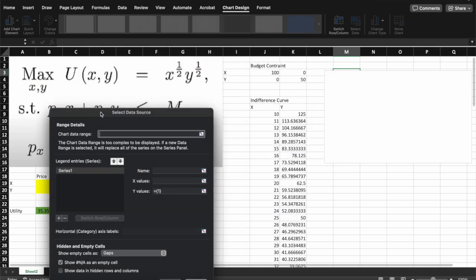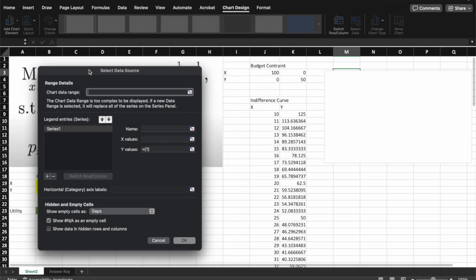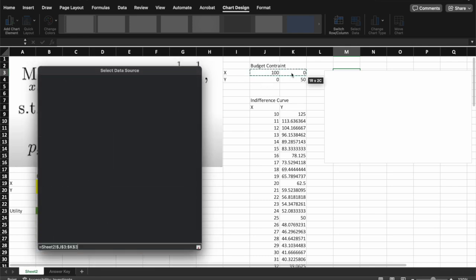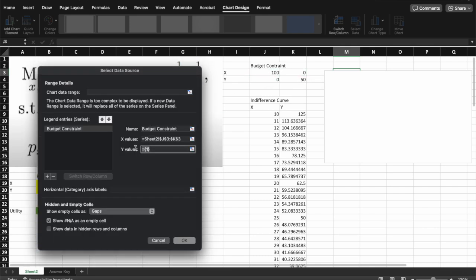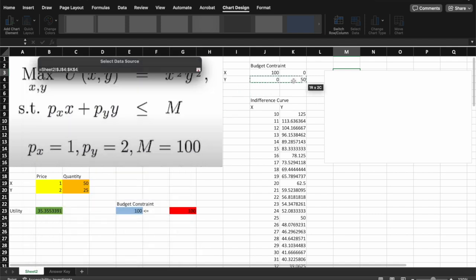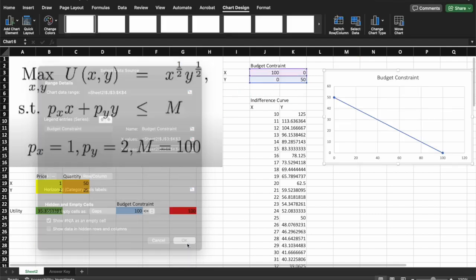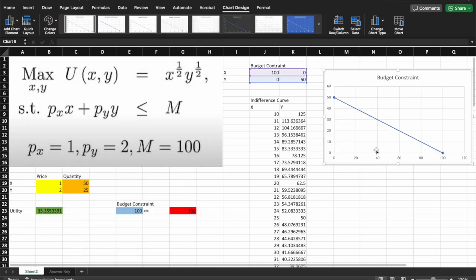Again, a series is just adding a new line on the graph. We're going to call this one budget constraint, and for this, we're going to choose the x values here and the y values here. There we go, we have our budget constraint first.